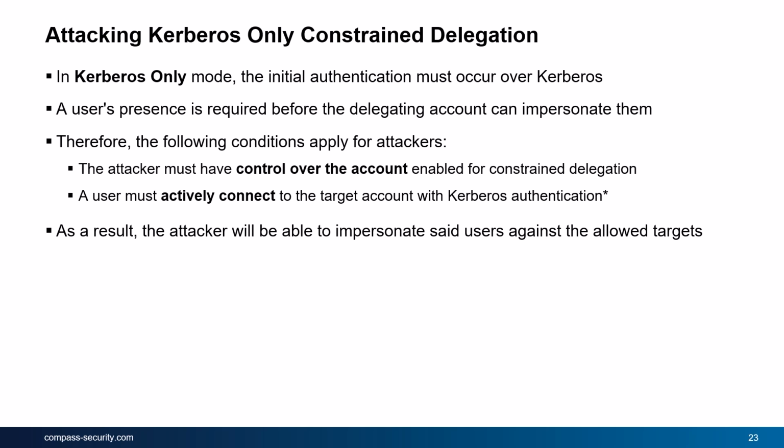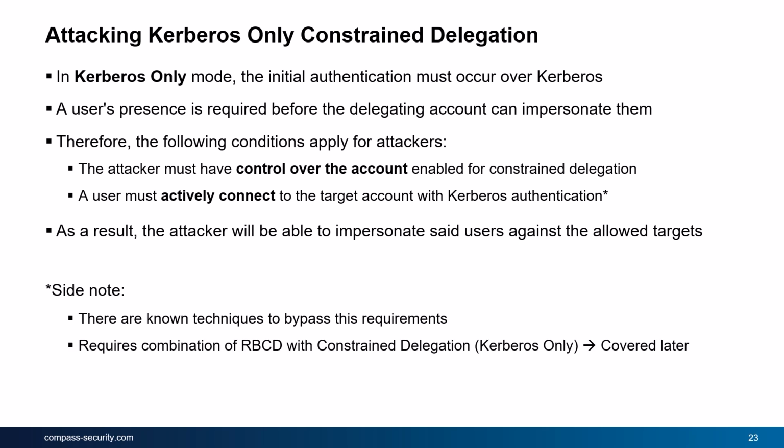Now, to work around this requirement of a user having to actively connect to your system, there are certain techniques that can be used. Essentially, you have to be able to acquire a ticket that can be used in the S4U2Proxy mechanism without a user actively connecting to your system.